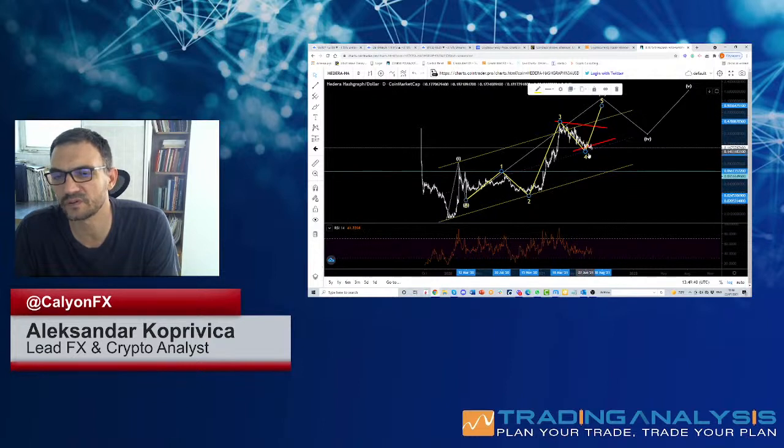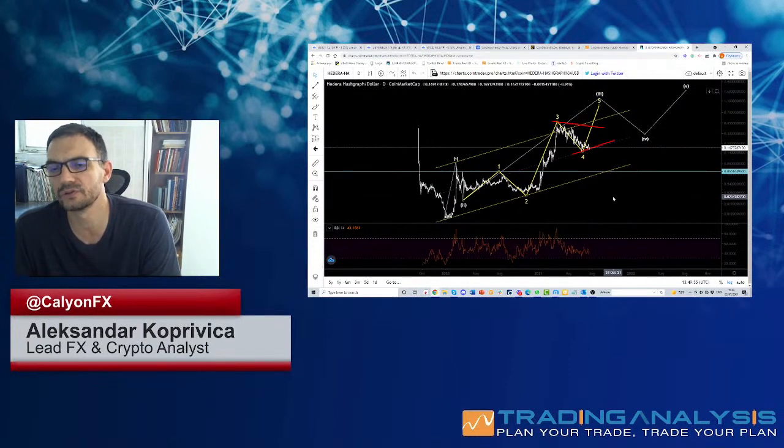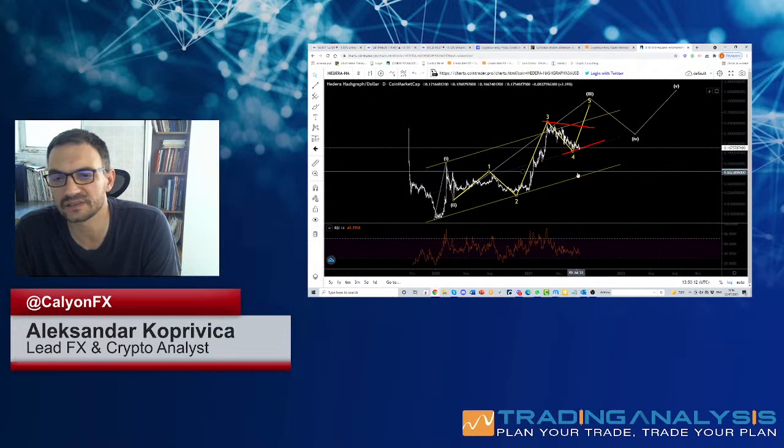Is this correction over? We don't have any viable proof. If this is a triangle, we don't have proof. So we need to wait for something more on the upside so that we can be sure that this one is going to continue further towards this target. So it still looks good. RSI is low, so it looks good. I don't know if it's going to turn up immediately, but it might go up and down for some time and then maybe seek some resolution on the upside. What I would definitely not like to see is a break of this 0.06 level on X bar.